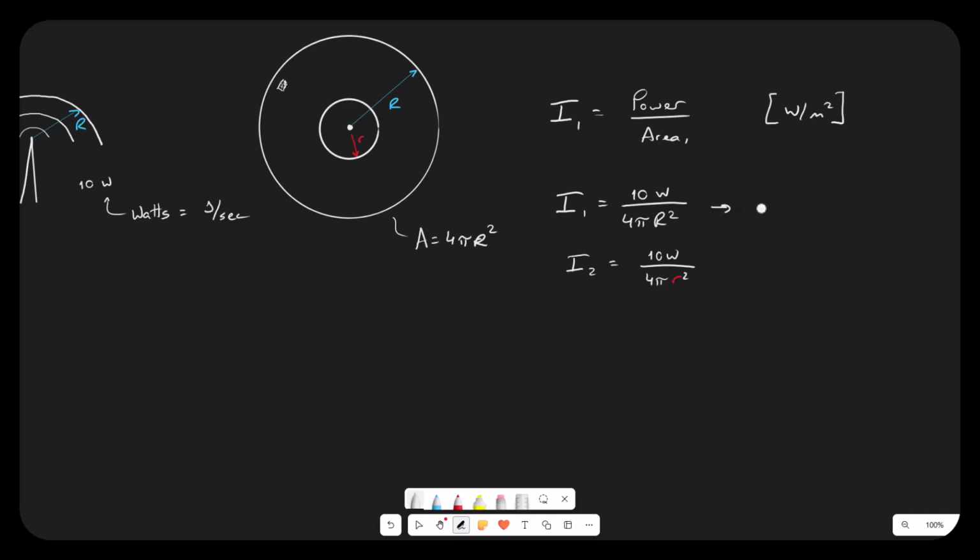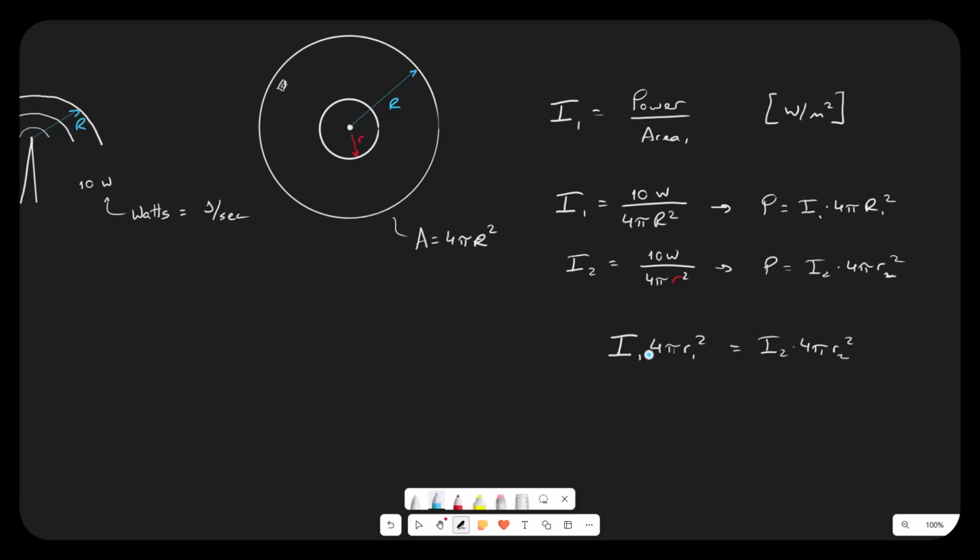So I can look at this equation and say power equals intensity 1 times 4 pi r1 squared. Over here I can say the power delivered by the speaker is intensity 2 times 4 pi r2 squared. And the power by that speaker has to be the same, which tells me I1 times 4 pi r1 squared is going to be equal to I2 times 4 pi r2 squared.